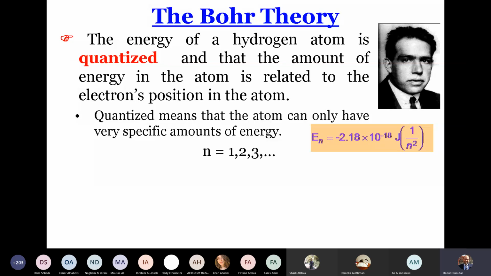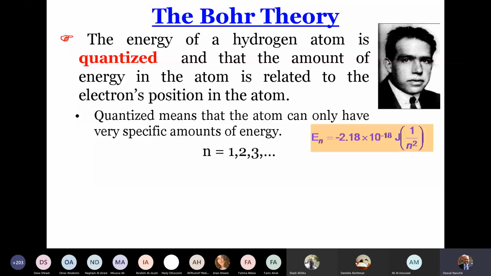What is the meaning of this formula? If n equals 1, that means the electron is found at level 1, so E1 equals minus 2.18 times 10 to the minus 18 joule. If the electron is found at level 2, then E2 equals minus 2.18 times 10 to the minus 18 divided by 2 squared.